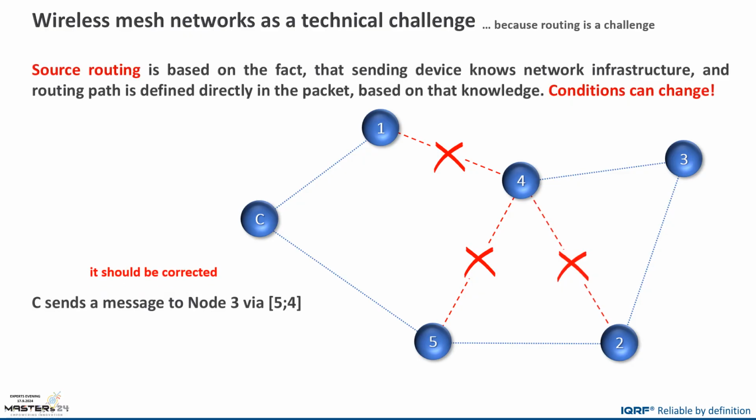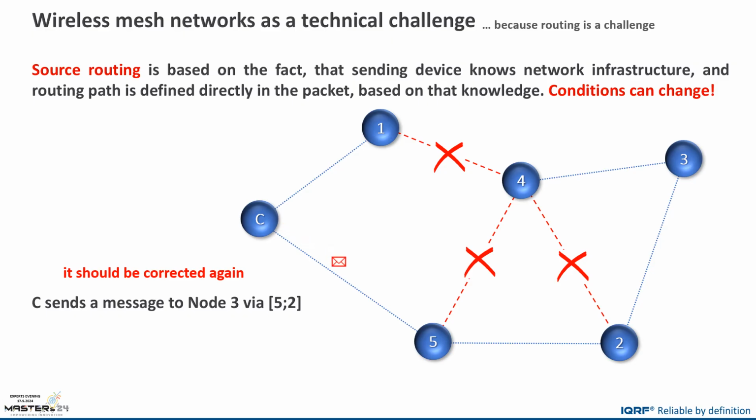In this case, optional routing vector 54 was selected. And again, due to the broken topology, the routing fails on the second hop, so another routing vector must be used. The routing vector 52 was selected in this case.